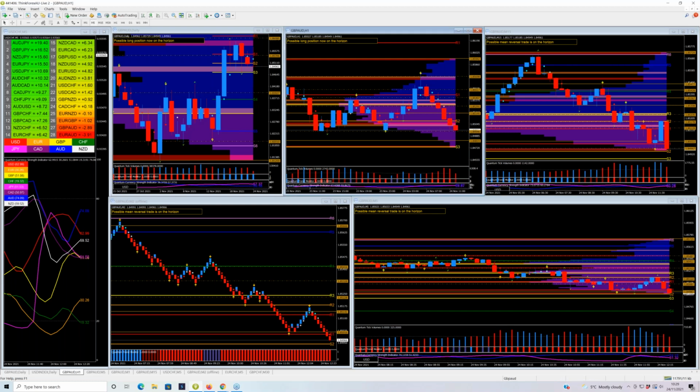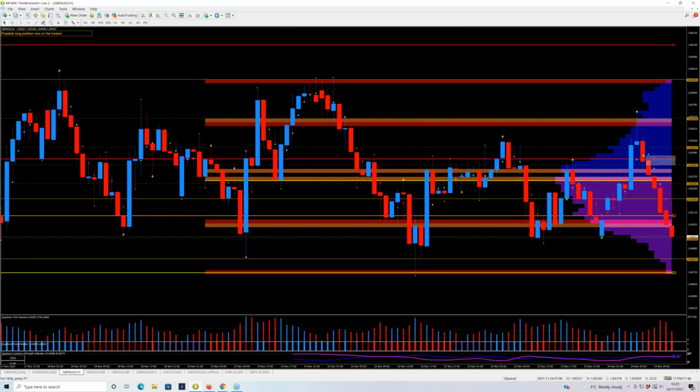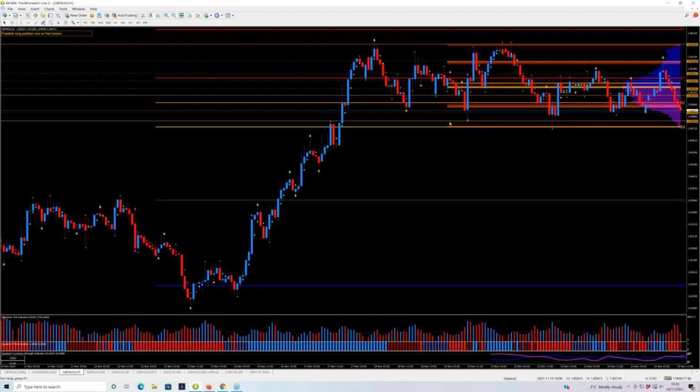Back to the hourly chart, which is off this candle, and you've already had this very lovely move lower. Where is this price going to? Well, your levels tell you here. If it gets to here, it's bounced off once. It didn't quite get there, but this is the range based on the volume point of control.